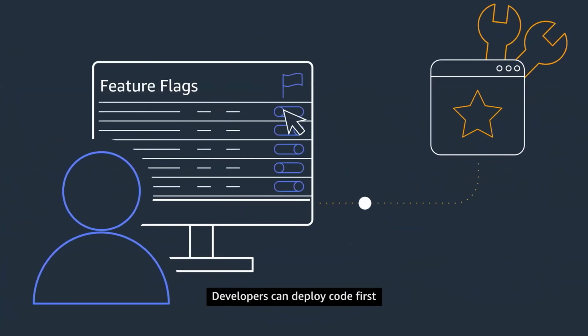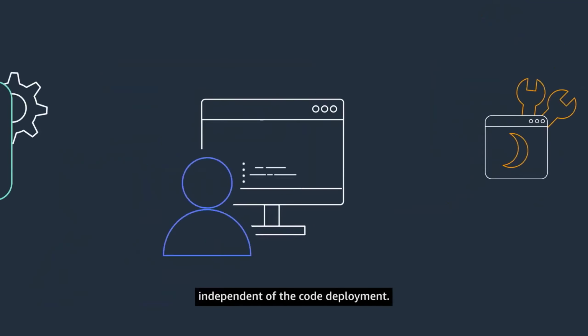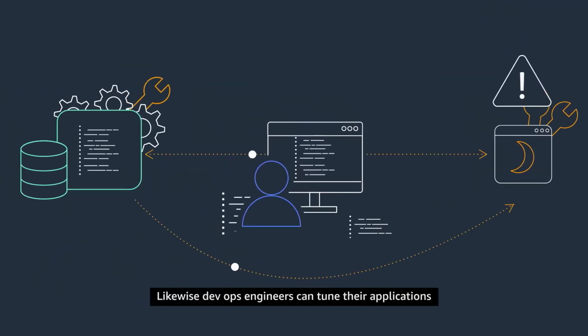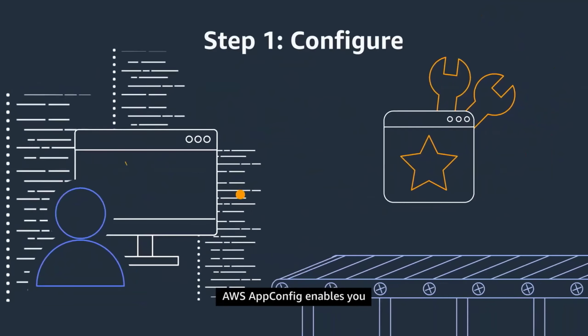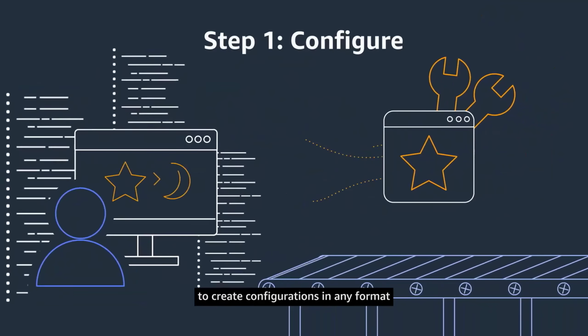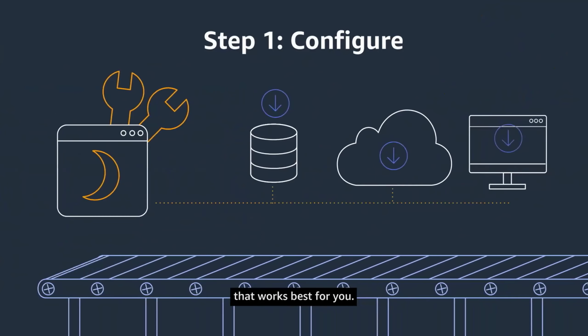Developers can deploy code first, and then, with AWS AppConfig, they can release new functionality by toggling a feature flag, independent of the code deployment. Likewise, DevOps engineers can tune their applications to cope with operational events. AWS AppConfig enables you to create configurations in any format that works best for you.